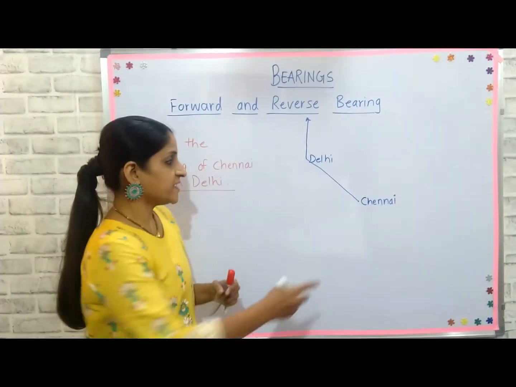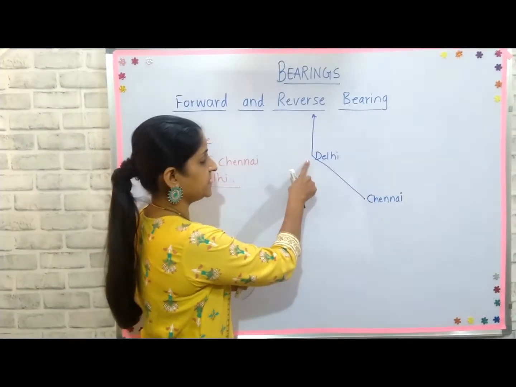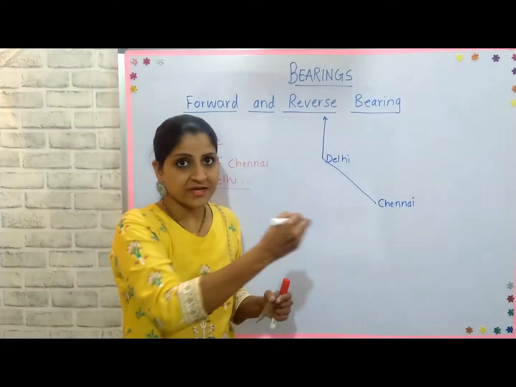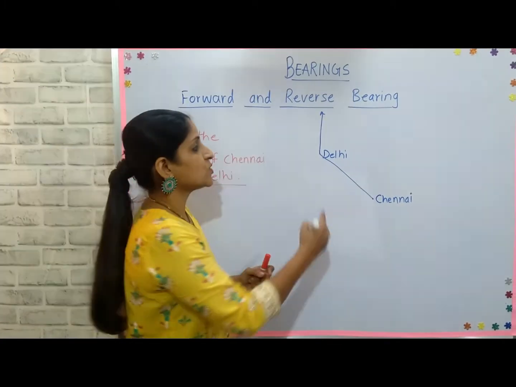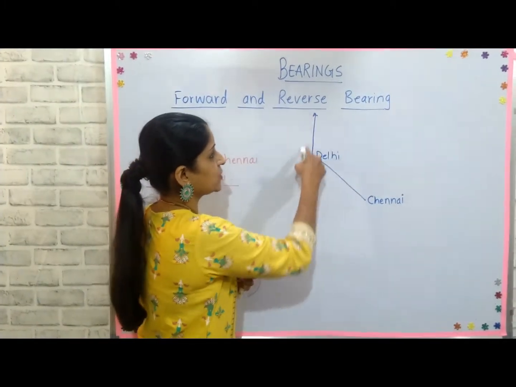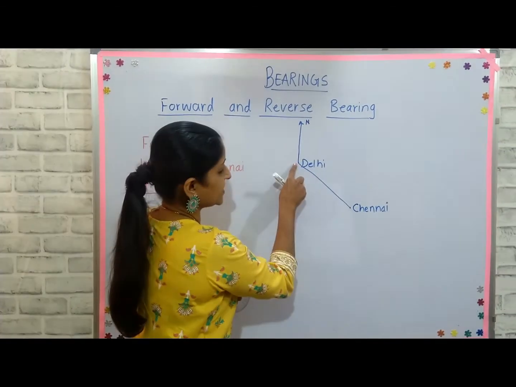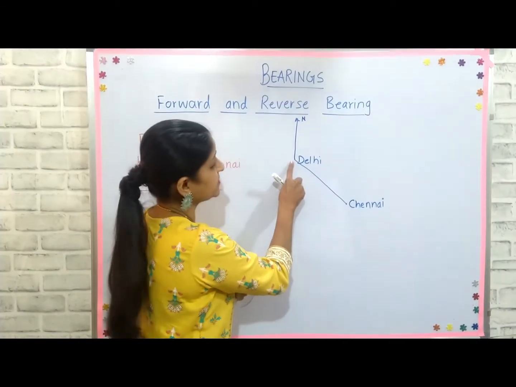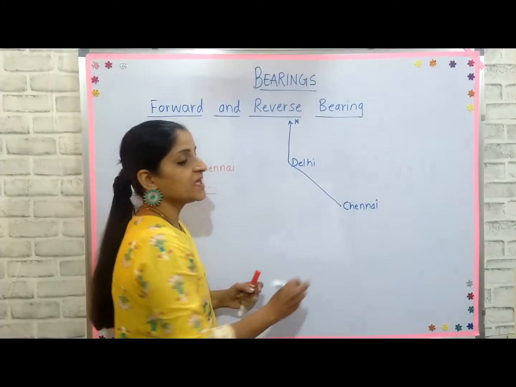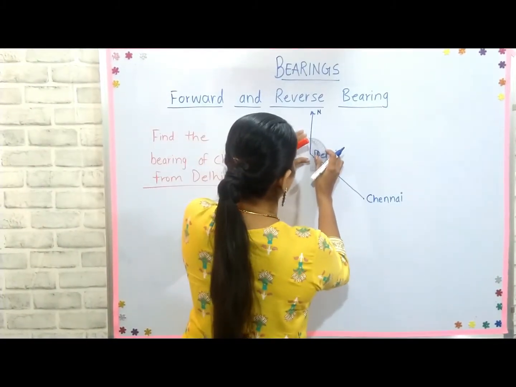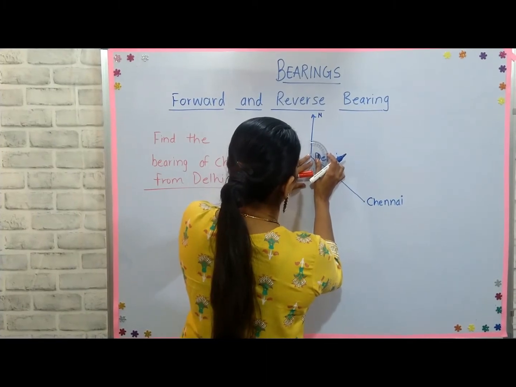To measure the bearing of Chennai from Delhi, Delhi is the fixed point from where we have to find the bearing. So from Delhi, I will draw a perpendicular north at Delhi. Then with a straight line I join Delhi and Chennai, and after that I use a protractor to measure the angle for the bearing that I have drawn.